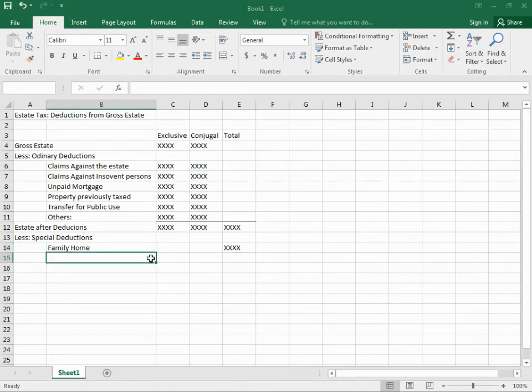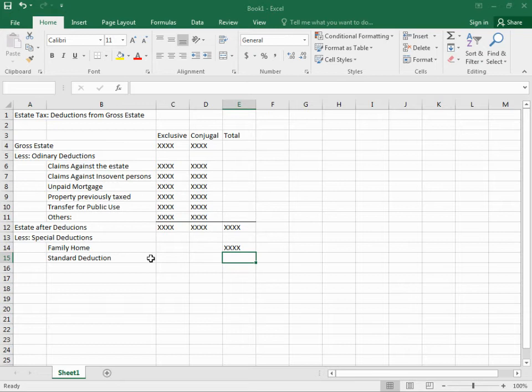Another special deduction is the so-called standard deduction. So, ano tong mga standard deduction na to? This is in lieu of the itemized deduction sa ating NIRC.